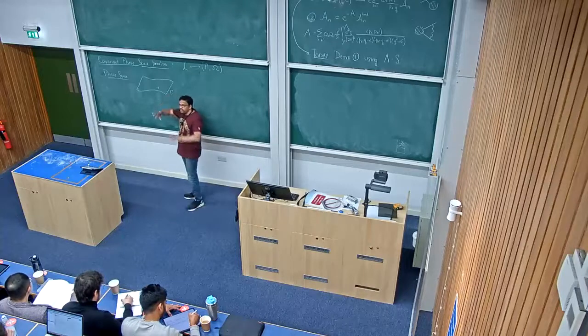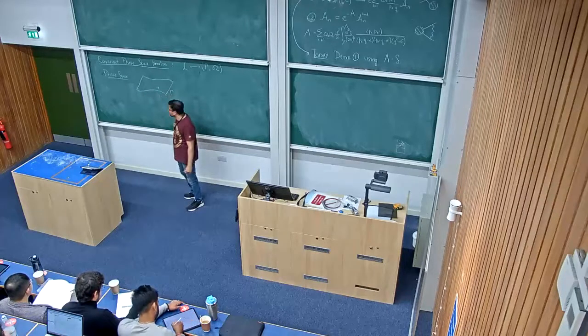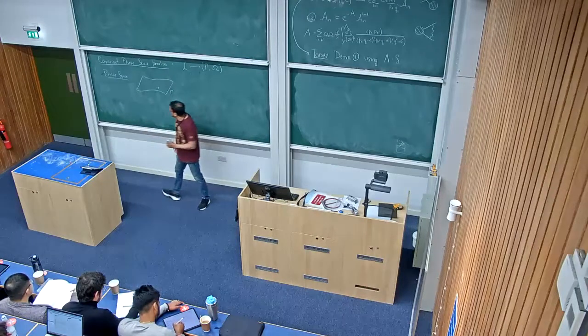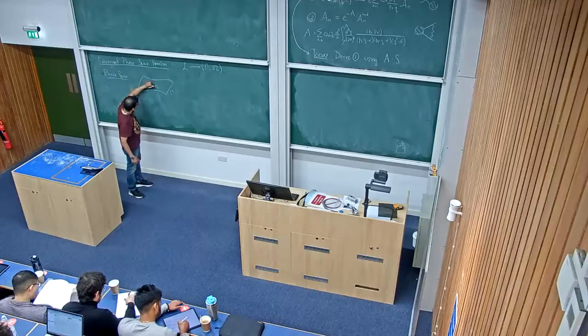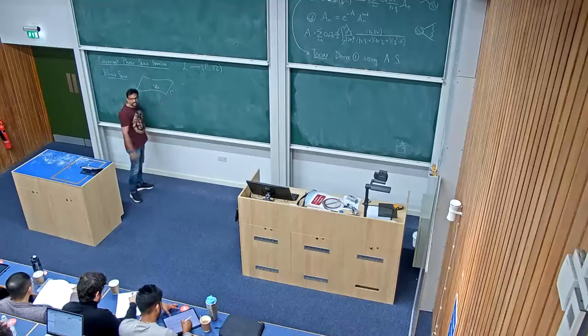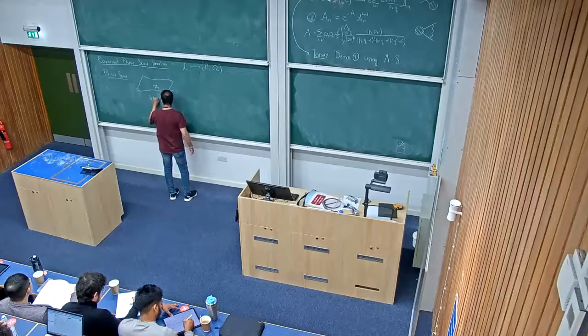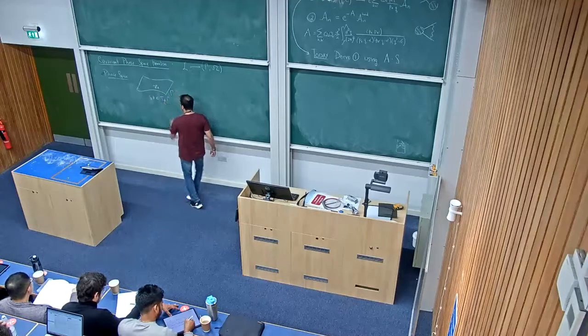So every different solution corresponds to a single point on this phase space. And then field variations, delta phi, map you from phi to a neighboring point phi plus delta phi. You can think of field variations as a vector in the tangent space of gamma at this point.